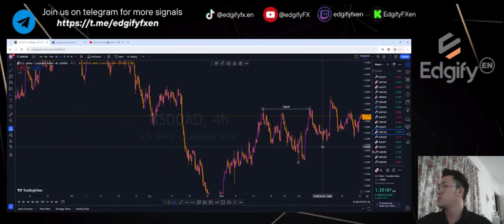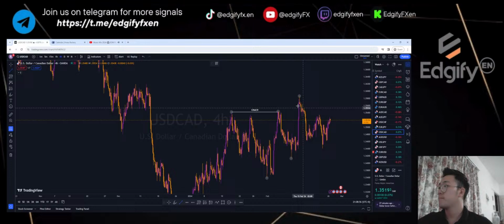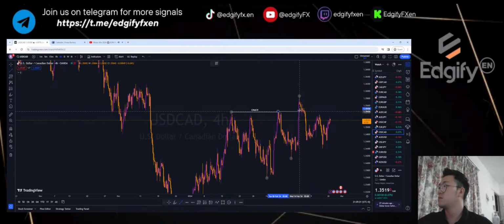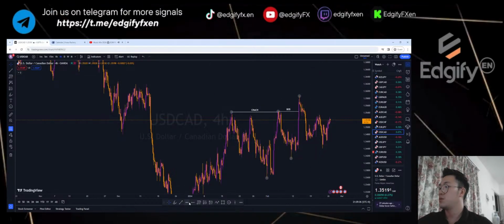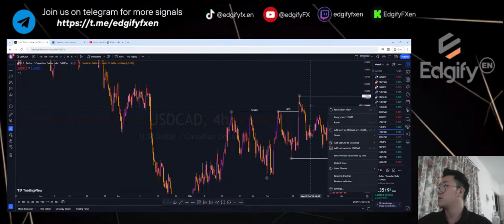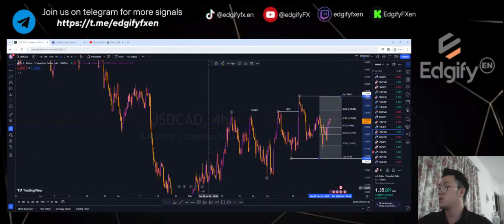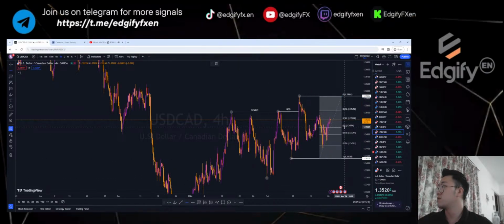It came back with this low and this high, which means we have a break of structure at this level, which then makes our low here and here. So the 50 level, if you guys know, will be at this level.